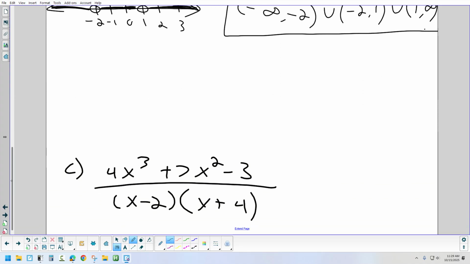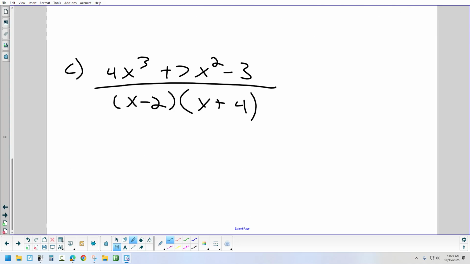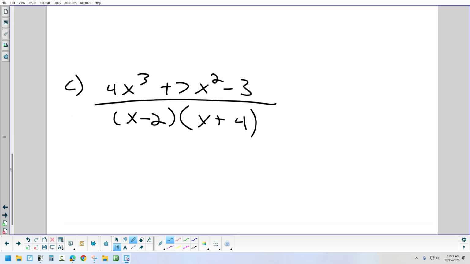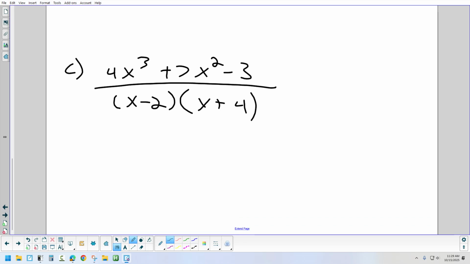Okay, and how about this one? Actually, that one's a little easier than the last one. What's the domain of this one? All reals except 2 and -4. Could you write that in set notation for me?